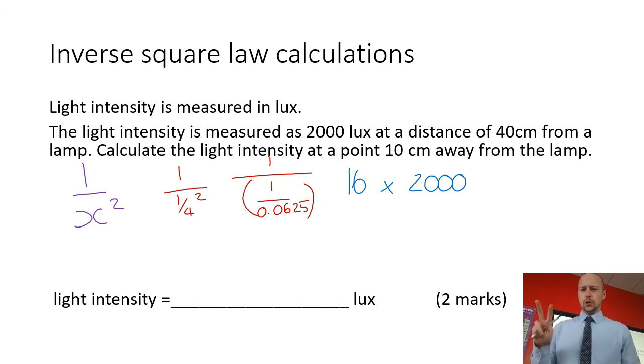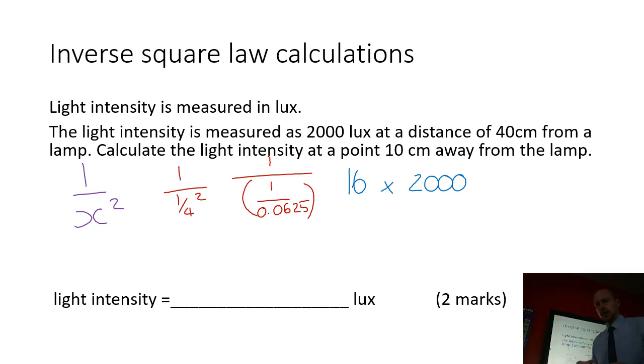Right, so there are 2 ways to think about this. The first way is purely from a mathematical point of view: 1 over x squared. If the distance has got a quarter less, we'll go 1 over a quarter squared. A quarter squared is the same as 1 over this.